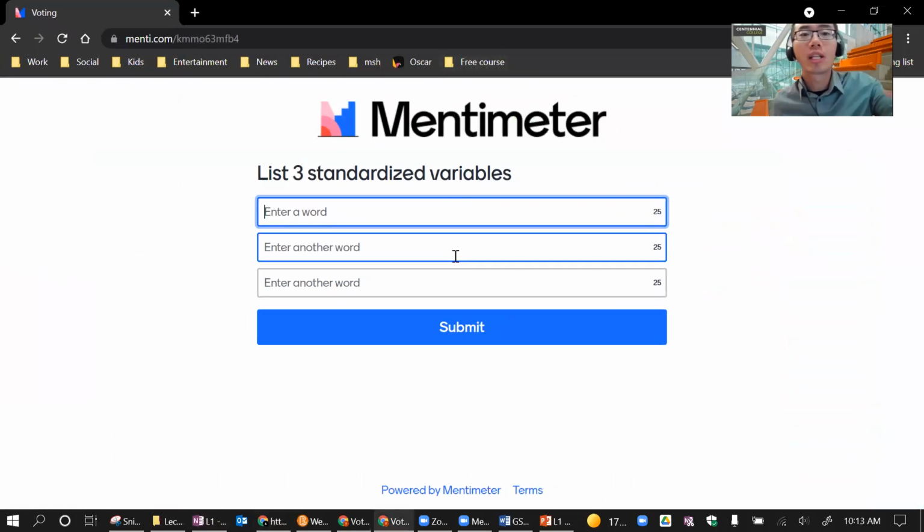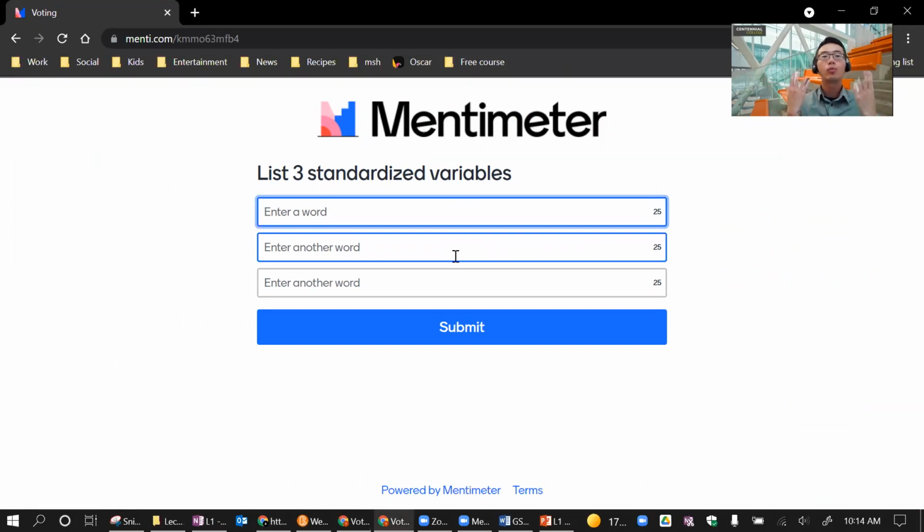Okay. So I want you to type in 3 standardized variables that I should have for this cow experiment. Okay. So we have 2 groups, right? Cows with high protein versus cow with regular protein. Everything else should be the same.